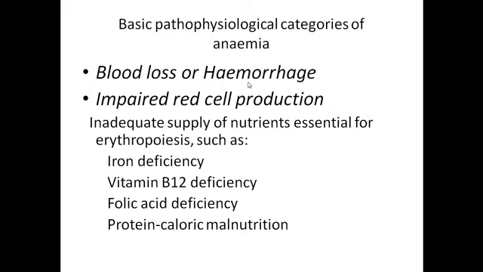Basic pathophysiology, categories of anemia: blood loss or hemorrhage, impaired red cell production, inadequate supply of nutrients essential for erythropoiesis such as iron deficiency, vitamin B12 deficiency, folic acid deficiency, and protein-calorie malnutrition.